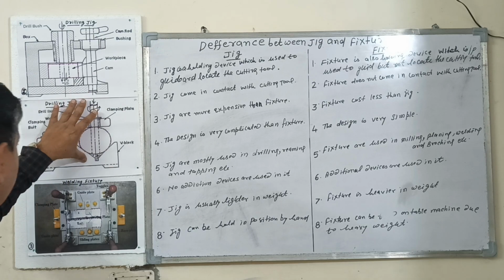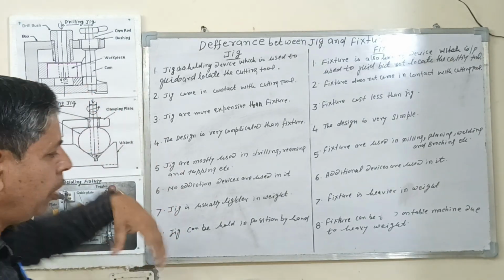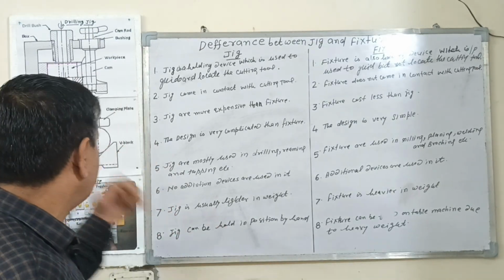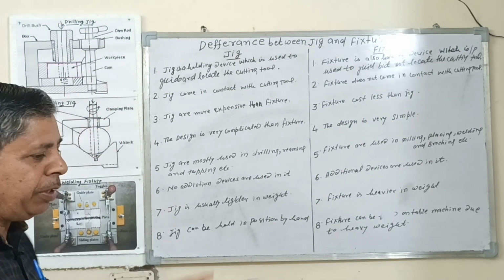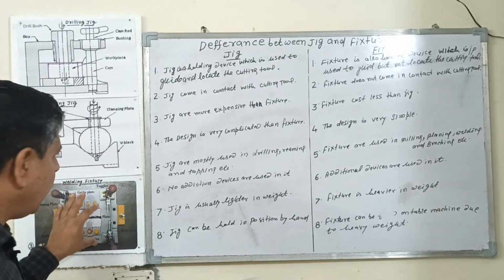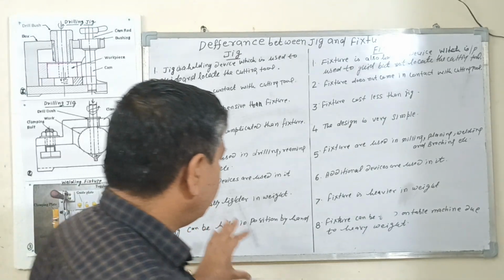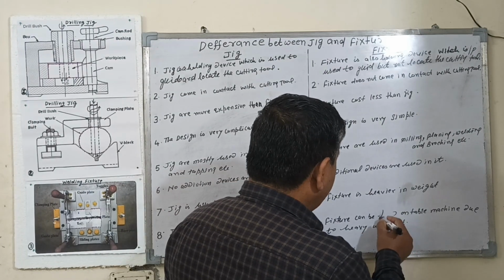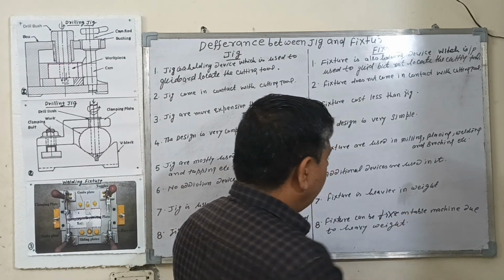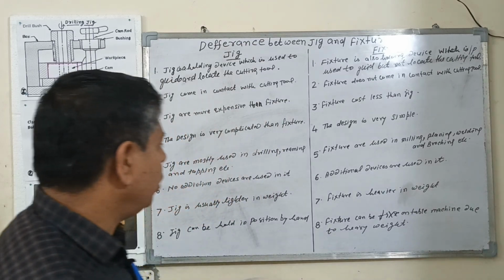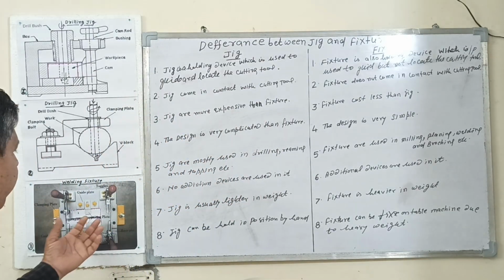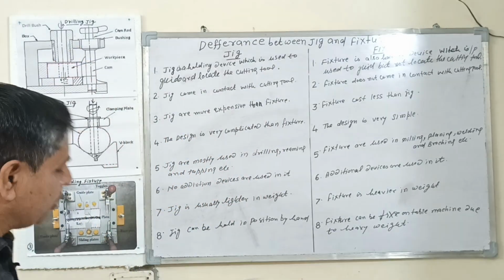The jig can be fixed on a bench vise and other places manually by hand. The fixture is fixed on a table, a machine table, due to the heavy weight.